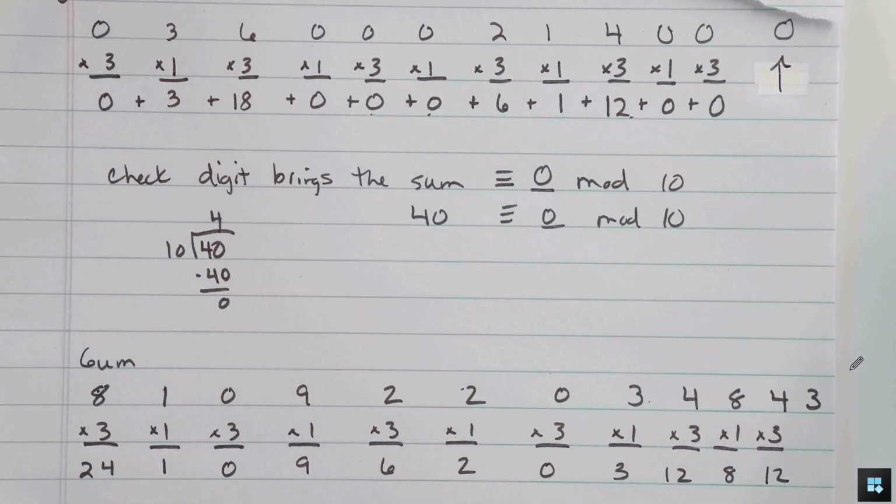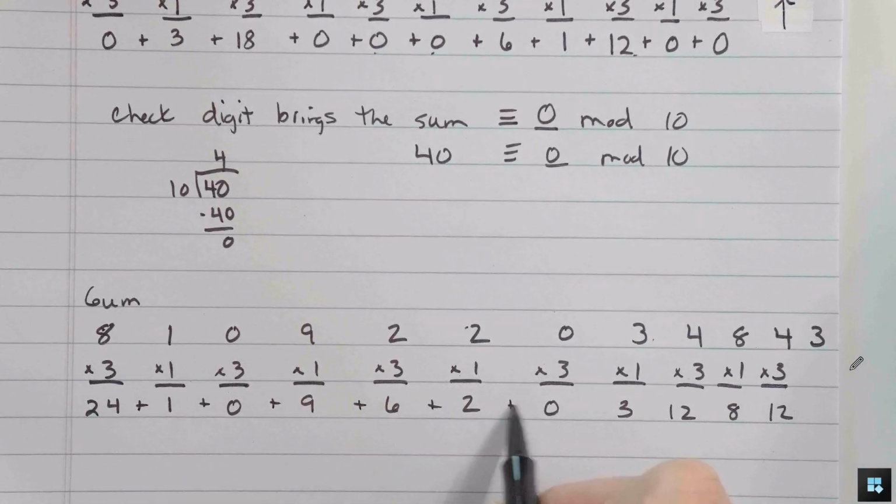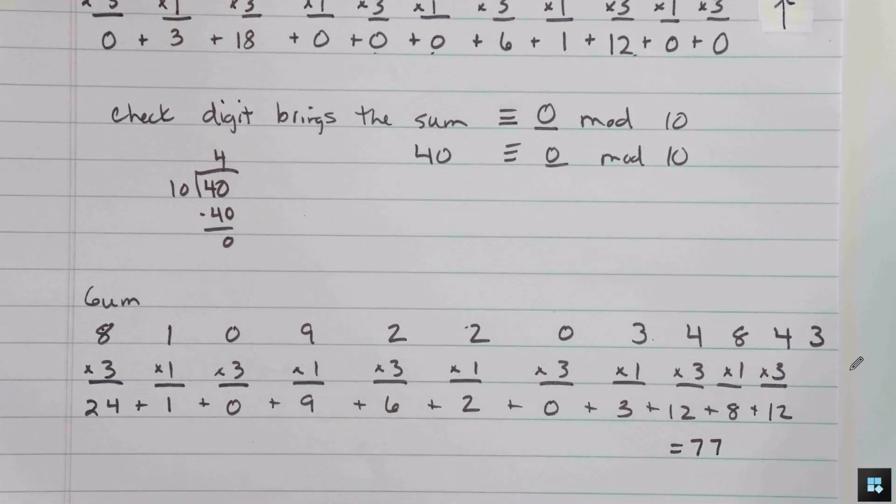So we're doing the multiplying. Now we're going to add. Yeah, so these all add up to be 77, and we need it to come out to be 0 mod 10.